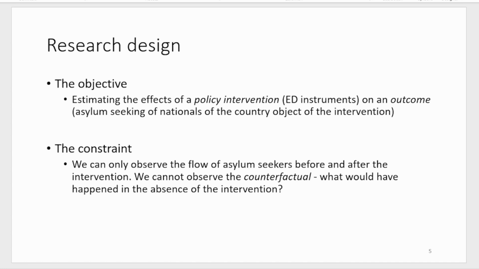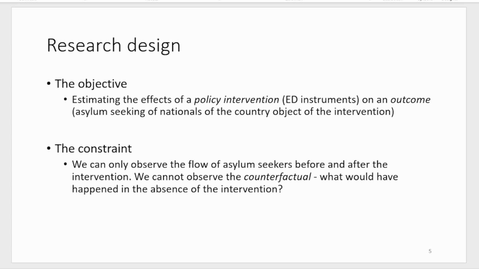As an approach to address this, we use the synthetic control method. I will quickly mention the way it works, because some of you may not be fully familiar. A synthetic control method works by creating a synthetic replica of the outcome of interest. In our case, it's the flow of asylum applicants. This is our outcome of interest.